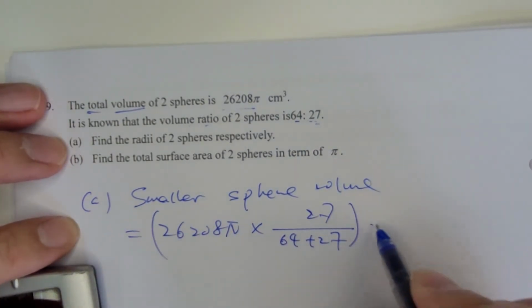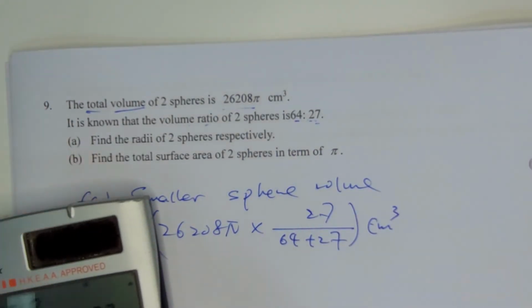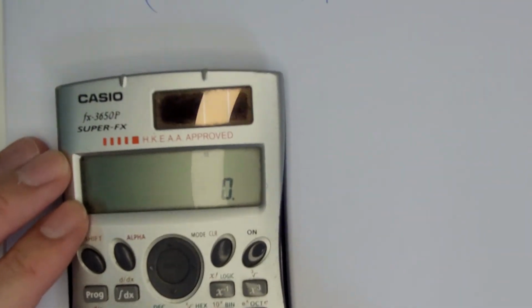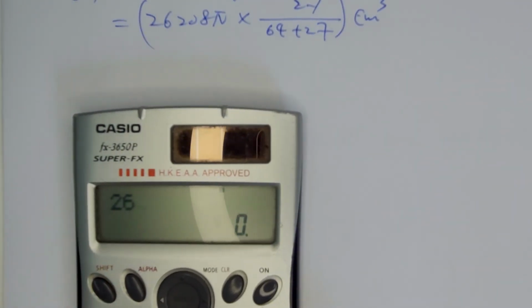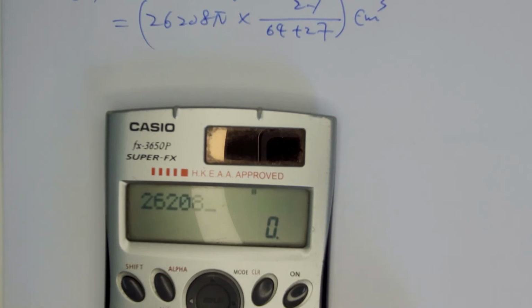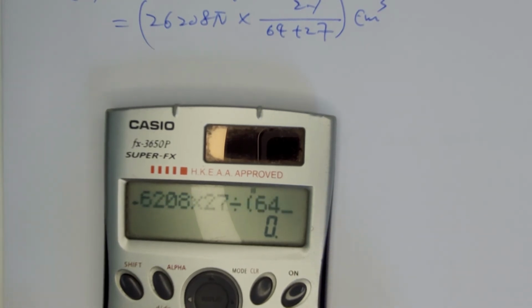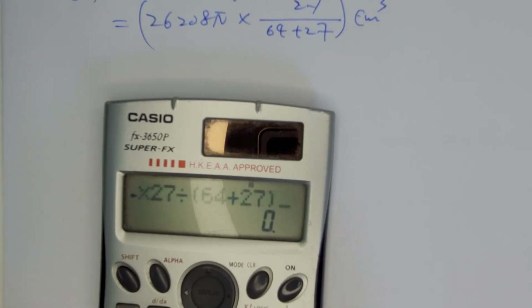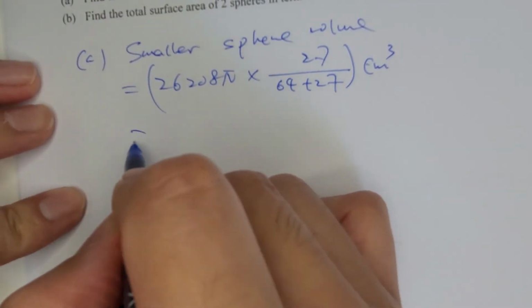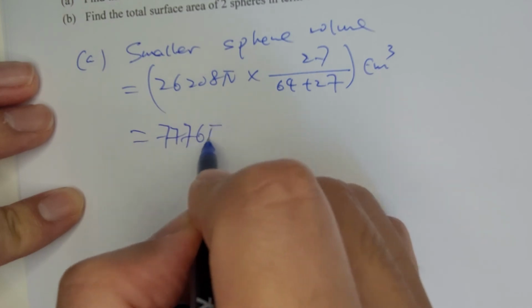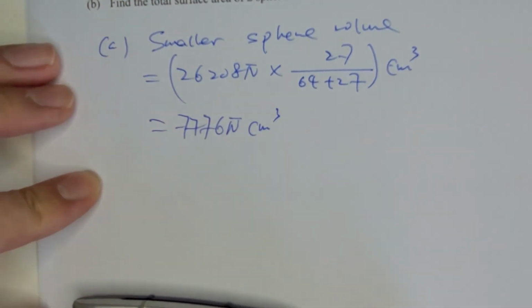Don't forget the unit cm cube. So 26208 times 27 divided by 64 plus 27, you get 7776 pi cm cube.